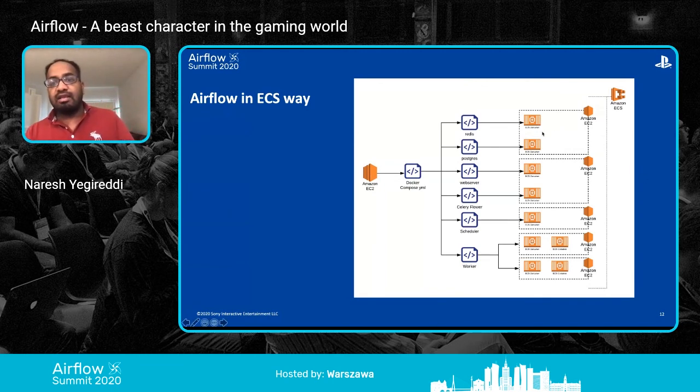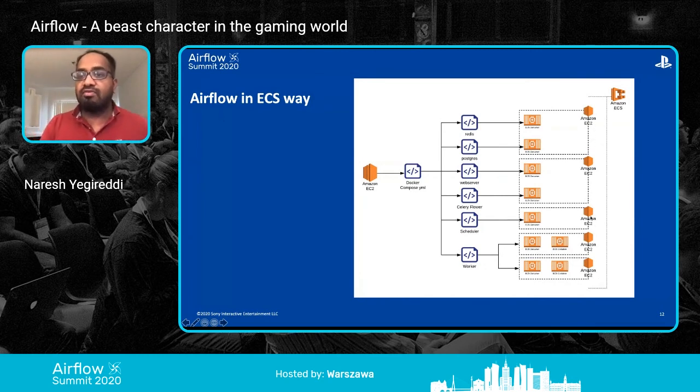So I encapsulated both ECS containers for Redis and Postgres into one EC2 instance, and the web server and Celery into another EC2 instance. Scheduler, just one standalone EC2 instance. For worker, if you see, there are 4 different containers. This worker is being replicated on 4 different containers, and 2 containers per each EC2 instance.